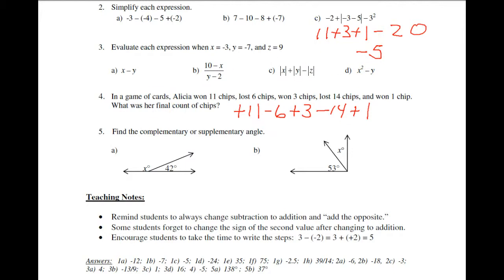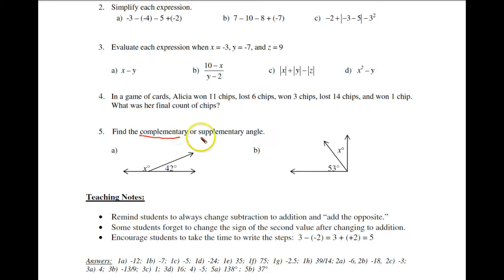Okay, last one now. We're going to review these terms, complementary and supplementary. Now, they refer to angles. If they're complementary, the total is 90 degrees.